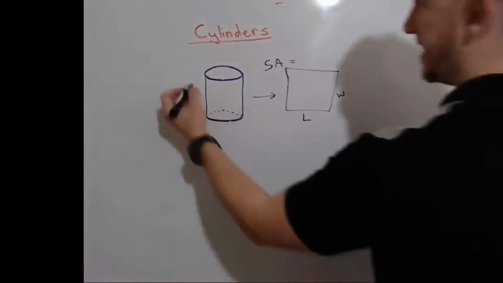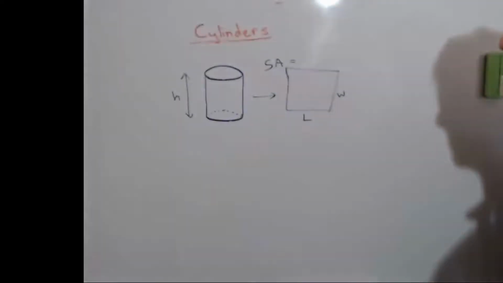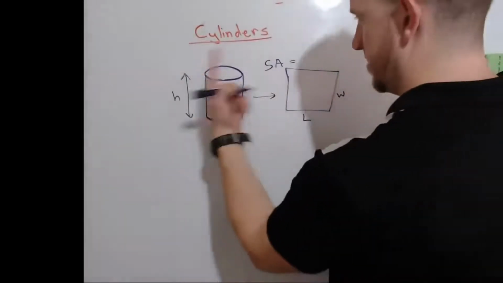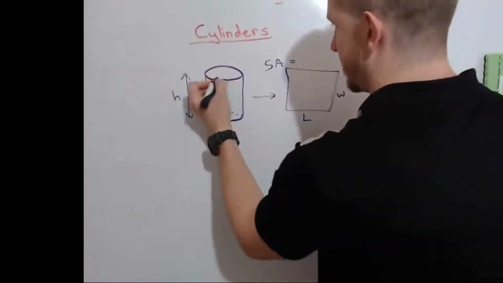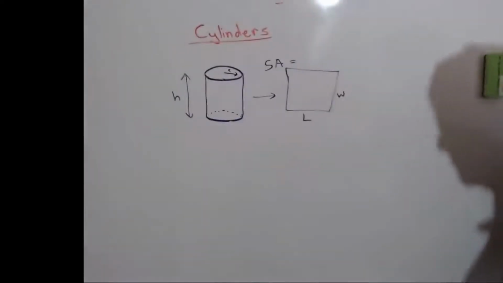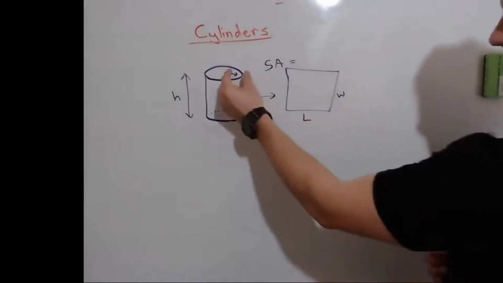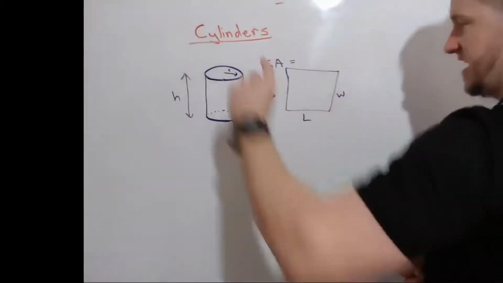But here I'm often told the height of a cylinder, but I'm not given a width, because they give me a radius, but the radius is not the same as the width. If I know how far it is from here to here, that's definitely not the same distance.